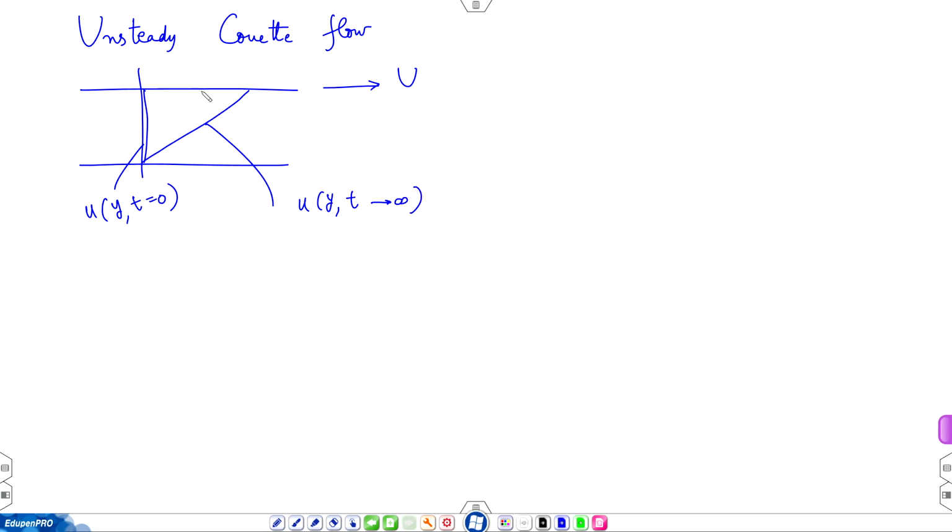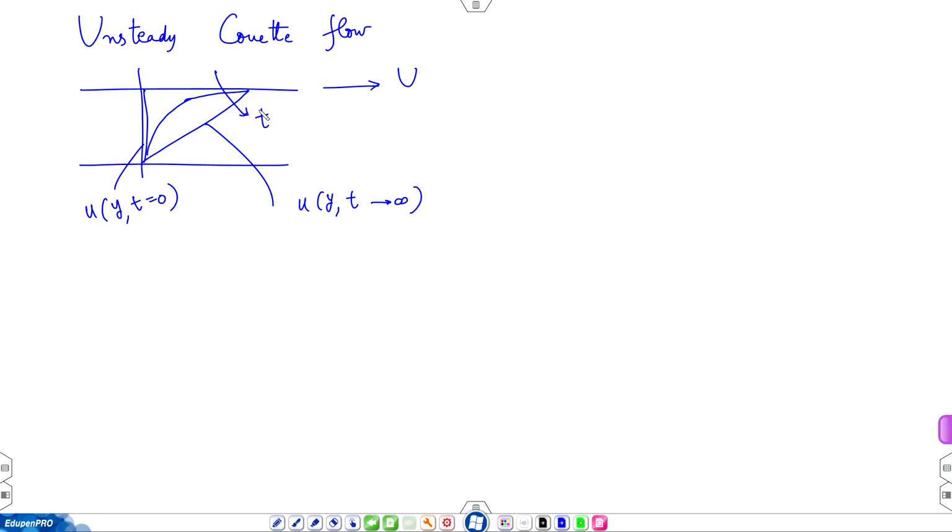In between there will be a transient phase, so that with increasing time you go from a stationary fluid medium to a moving fluid medium, the flow being driven by the motion of the top surface.